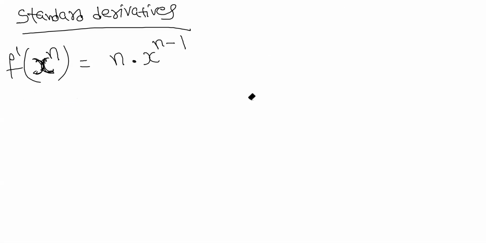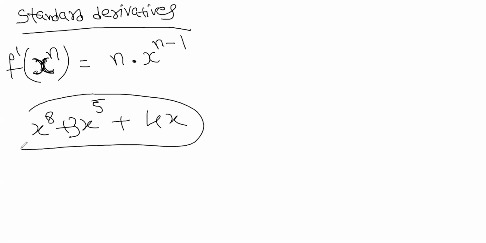Now with this, whatever the power may be, they may give x power 8 plus x power 5, 3x power 5 plus 4x. If you have to do it by using limits, it becomes very big. You have to use x plus h whole to the power 8, x plus h whole to the power 5.